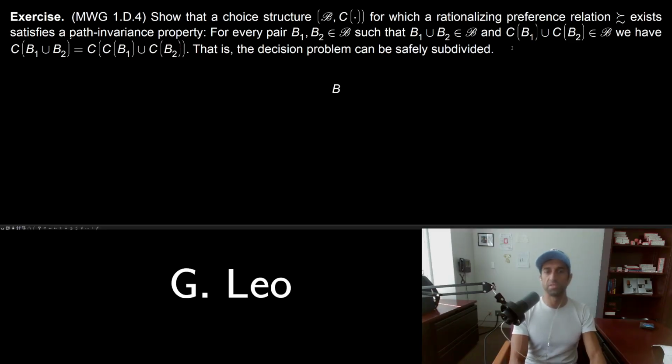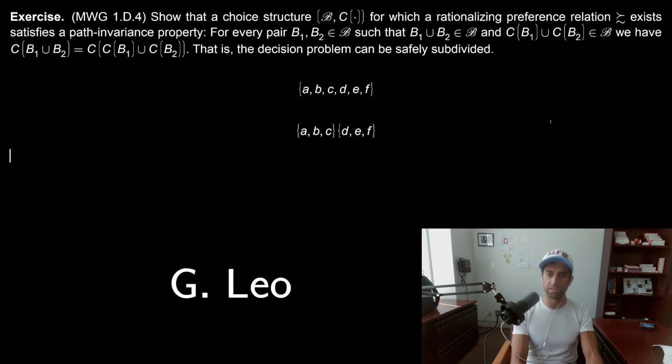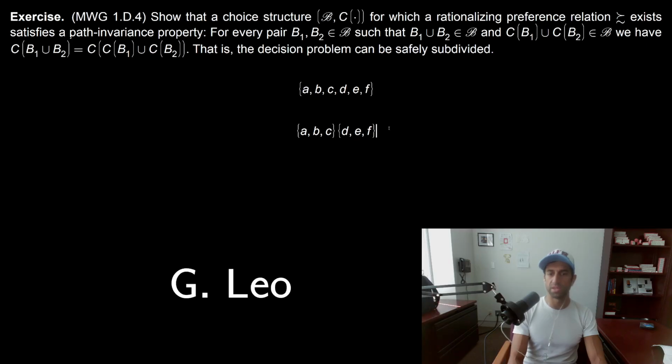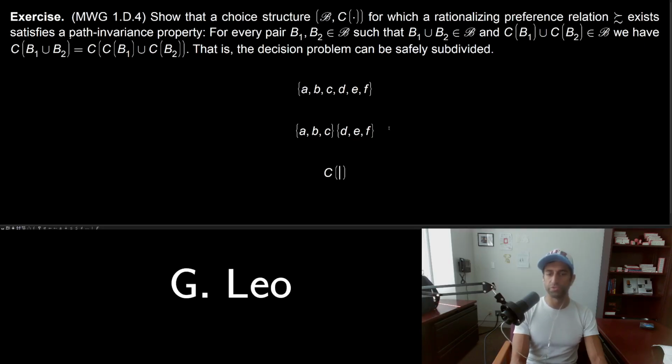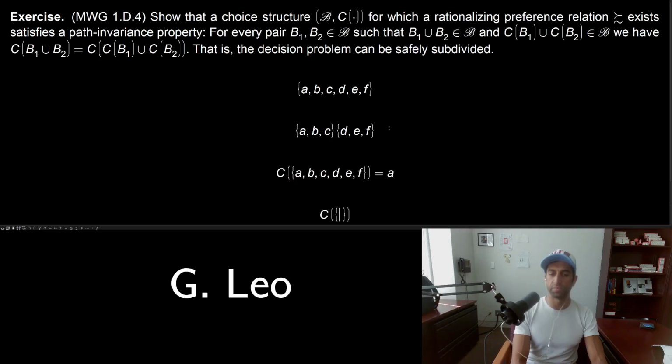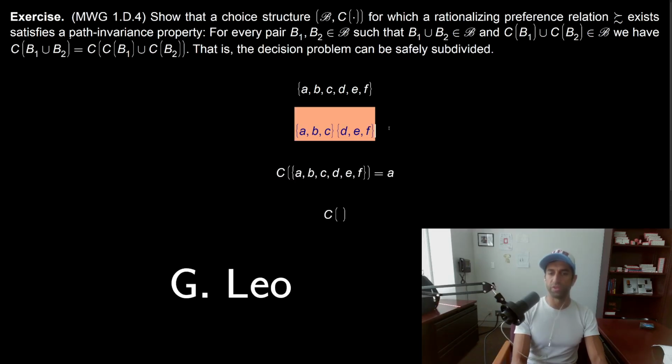So basically, suppose we have a set A, B, C, D, E, F, and we break that down into A, B, C and D, E, F. Nothing about this says they have to be disjoint, but let's say the union has to be the grand set. So take a menu and break it down in any way. Your choice from the union is, let's say, A. That has to be the same as if you chose your favorite things from these.